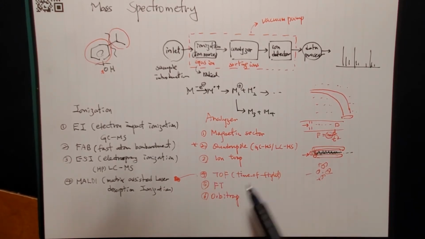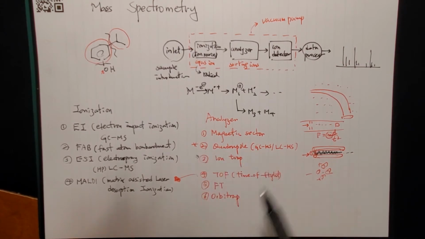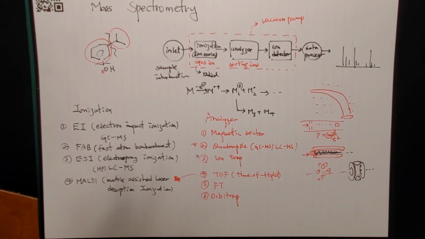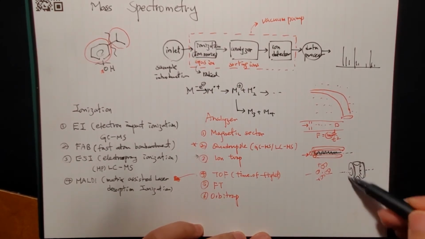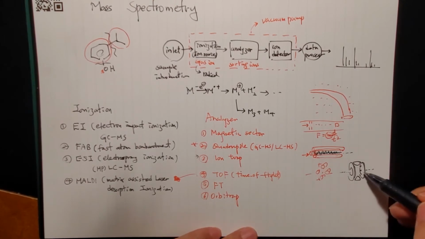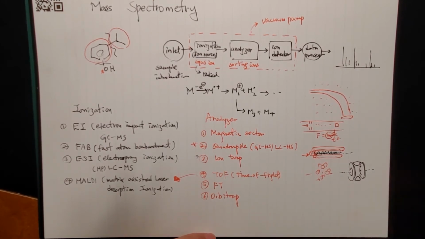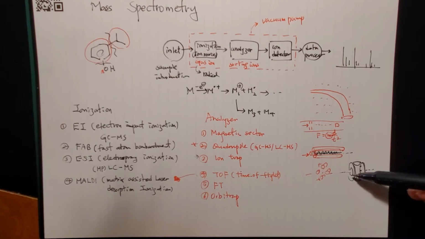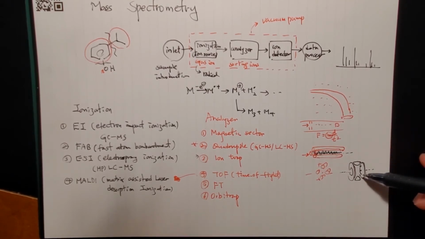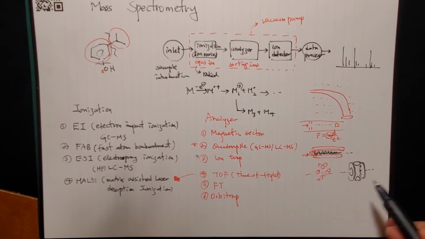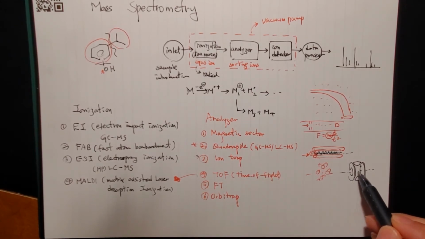Then the ion trap is a slightly advanced type of quadrupole. Let me draw it. This is a simple drawing of the ion trap. In a little box here, you have 4 parts where you have the voltage connected, just like a quadrupole, but you don't need a long bar. You just need a little cup. The cool thing about this is you have the ions coming in.